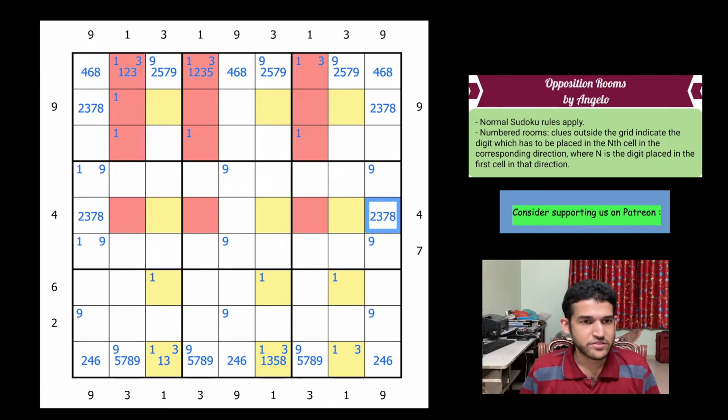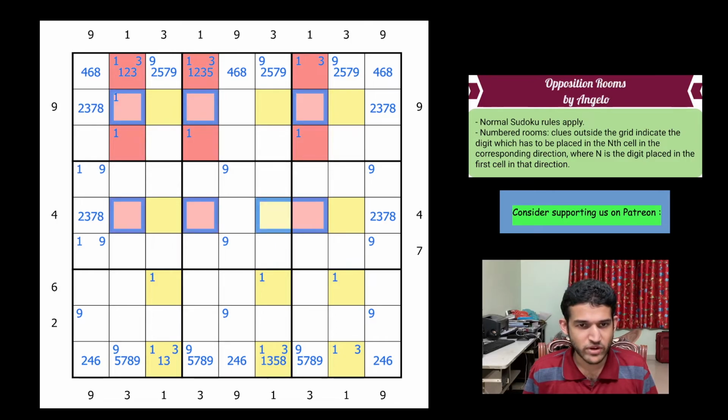So 3 has 4 rows, right? And 3 columns. So if 2 of these rows are taken, how are we going to satisfy the 3s in the bottom side of the grid? Let's imagine any of these two rows are taken. So which means that the red cells cannot be 3s, right?